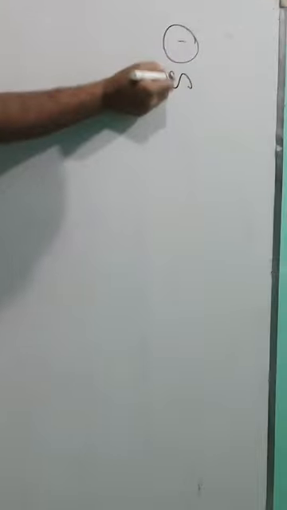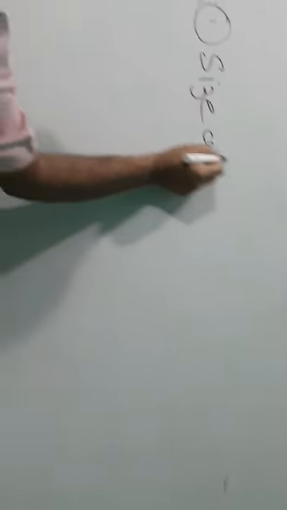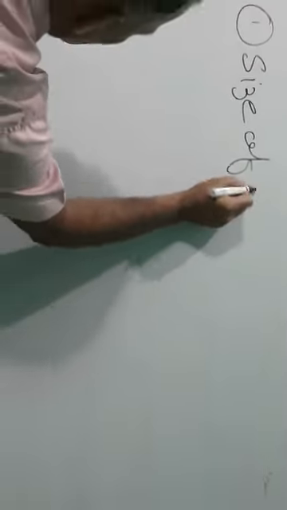First of all, the tendency of losing electrons. Different metals have a different tendency of losing electrons. Why does it happen? The very first factor is the size of the atom.